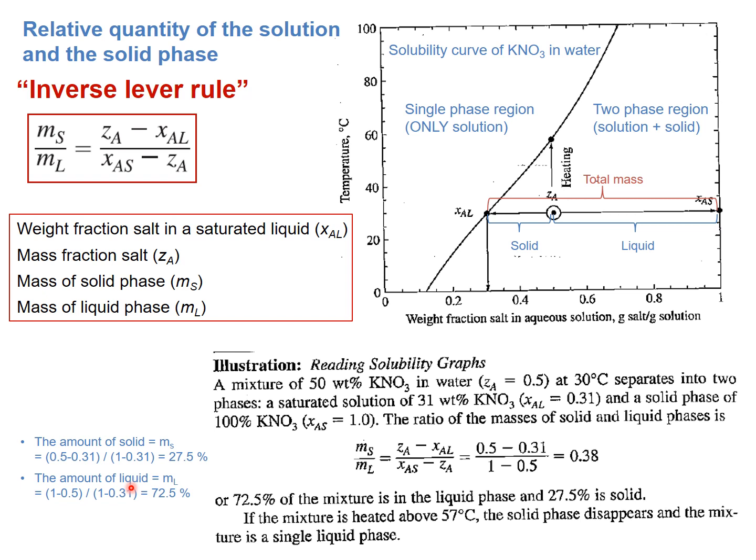Okay, so if you know the total amount, like 100 gram, then you could say that 27.5 gram of solid is precipitated from this supersaturated solution.